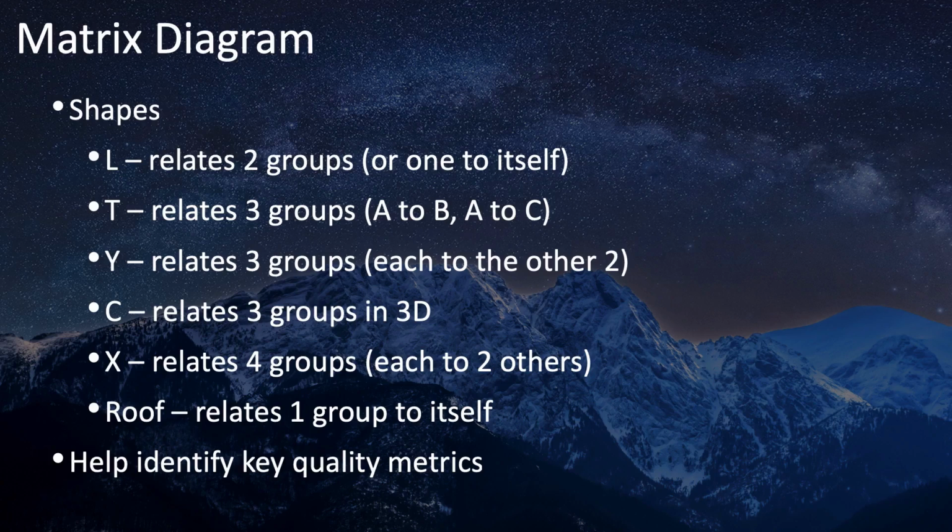The C-shaped matrix, which also relates all three groups to each other, but does it in a 3D perspective. The X-shaped matrix, which relates four groups, in which each group is related to two of the others. The roof matrix, that relates one group to itself. And as a reminder, the matrix diagram can be very helpful in identifying key quality metrics and activities.